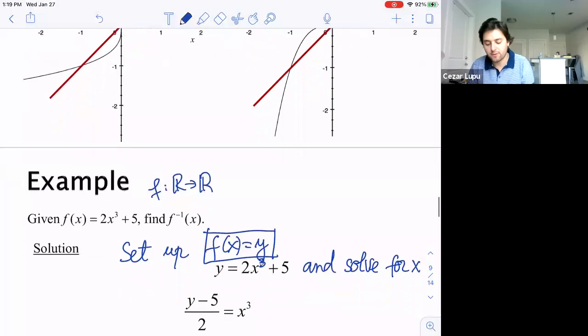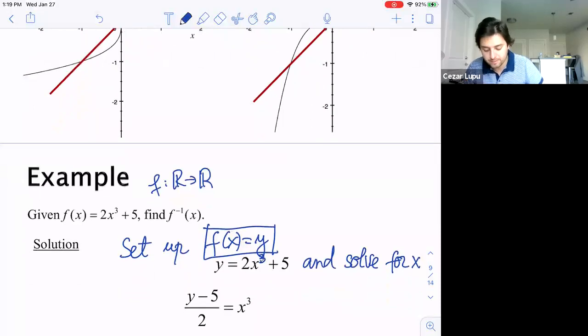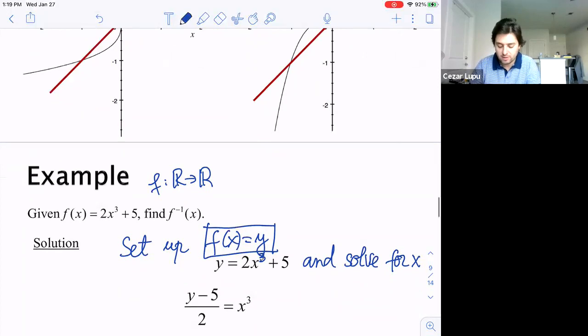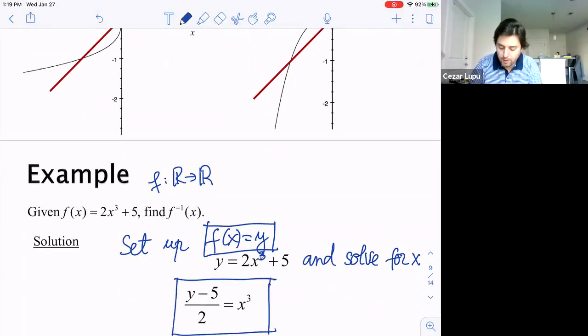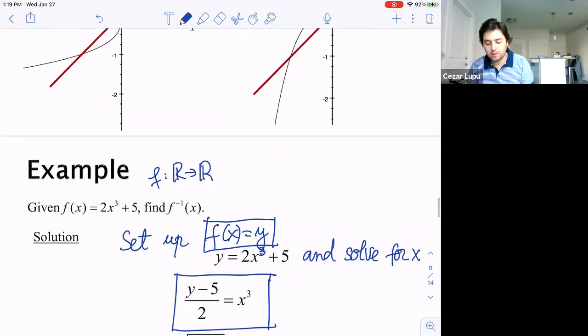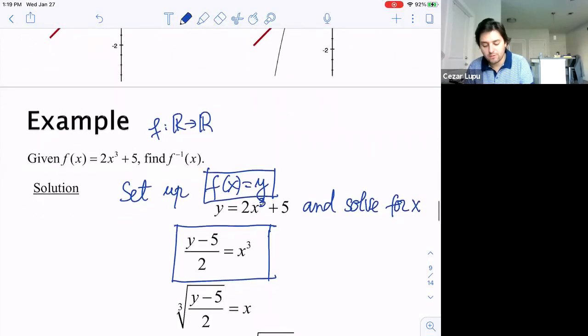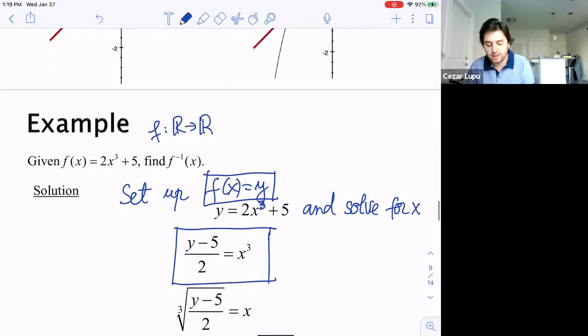And once you solve this for x, you're going to take 5 to the left-hand side. So this would be 2x cubed equals y minus 5. In other words, this will give us y minus 5, everything over 2, equals x cubed, right? And now you're going to take the cube root. So you're going to find that x is this.